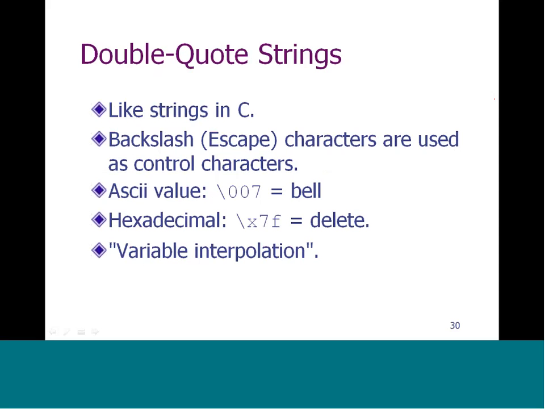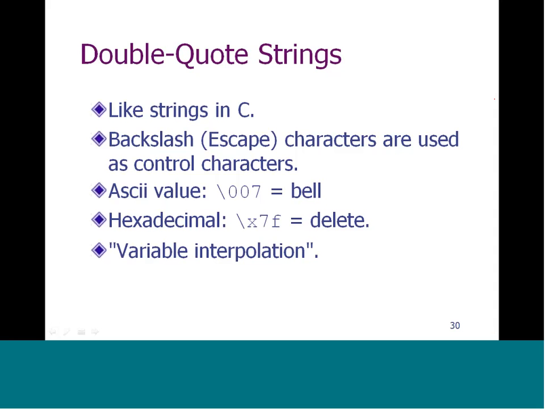So you can specify backslash n, which we saw in earlier examples, and it represents the newline character. Then 7 in ASCII represents the bell sound. Hexadecimal x7F: the X denotes hexadecimal, and then 7F is the character. That's for delete.